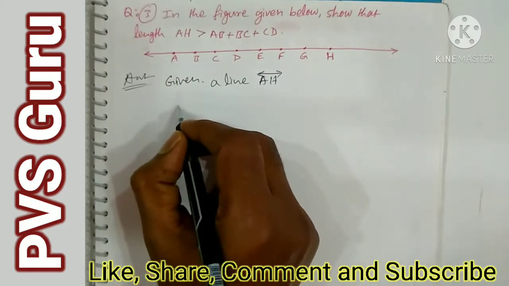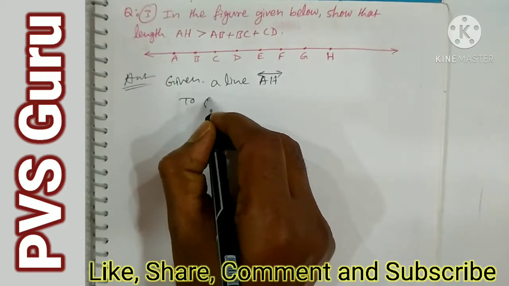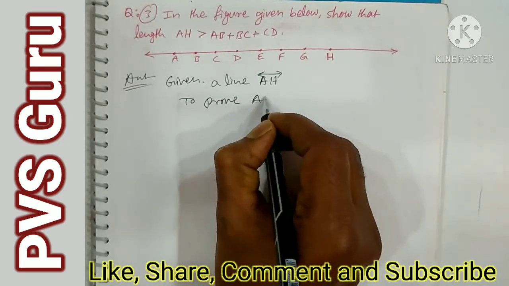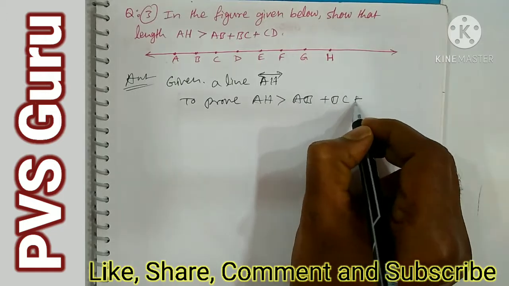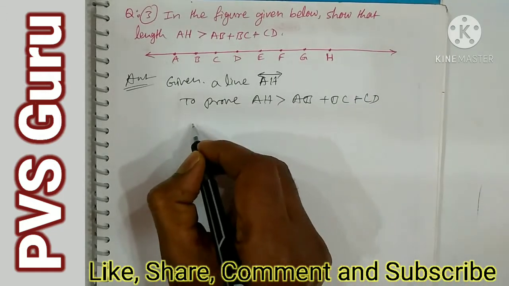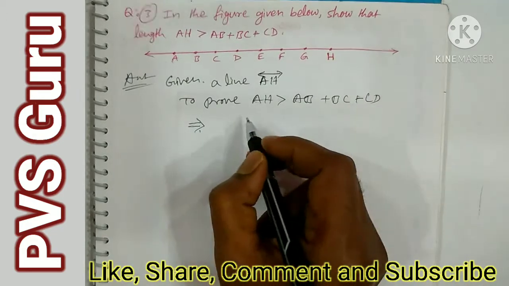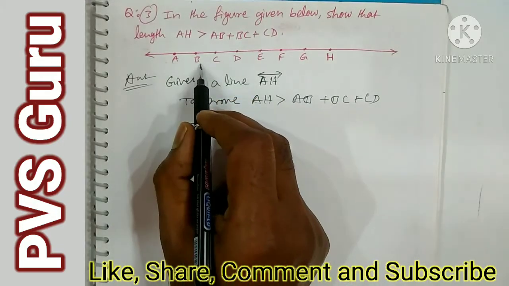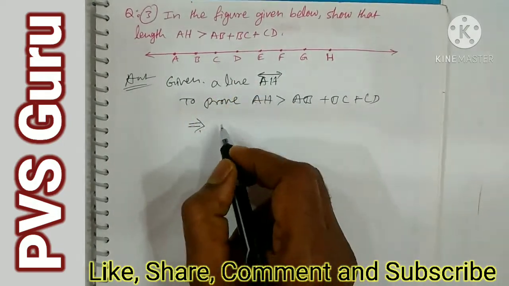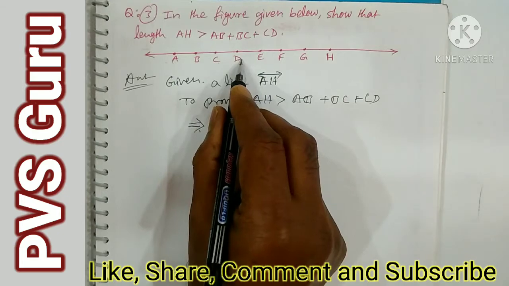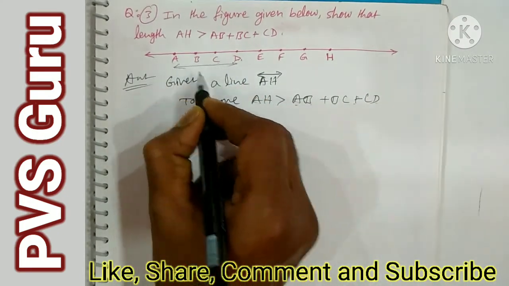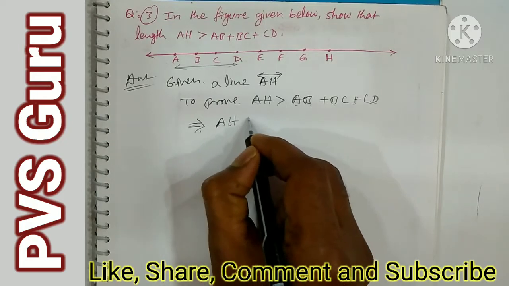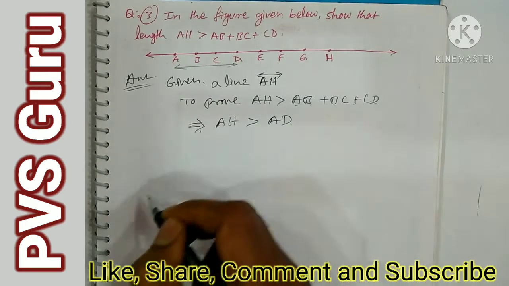To prove AH is greater than AB plus BC plus CD. Here AB plus BC plus CD is equal to AD. So AH is greater than AD.